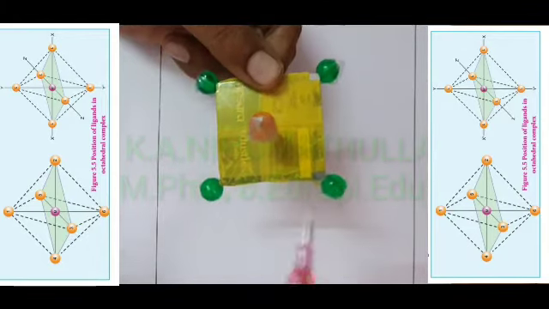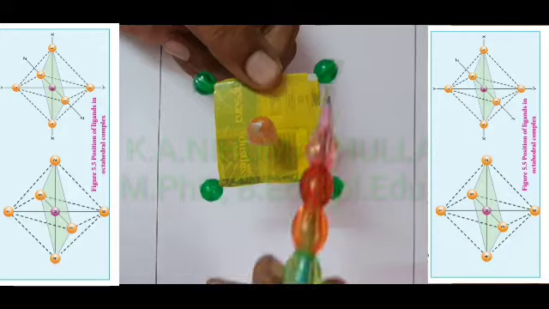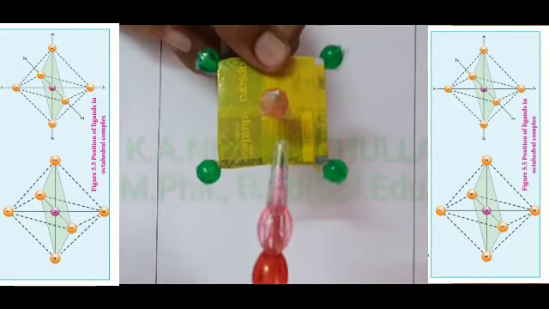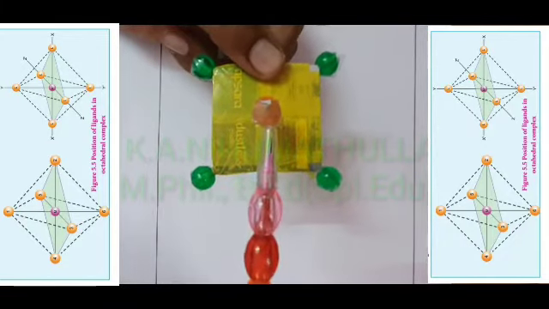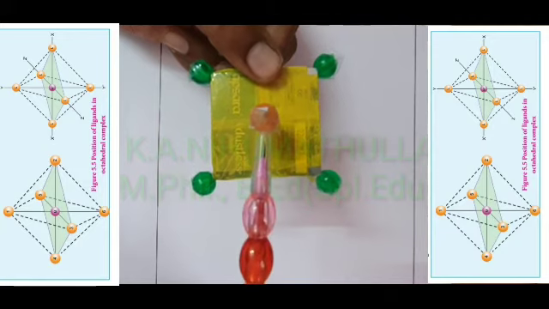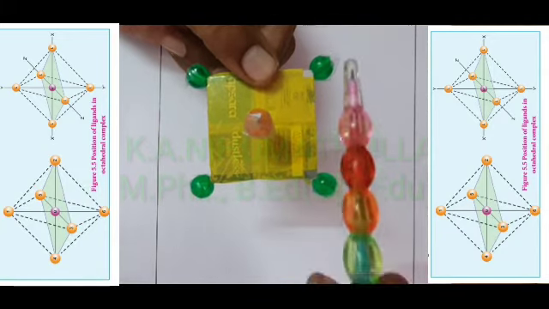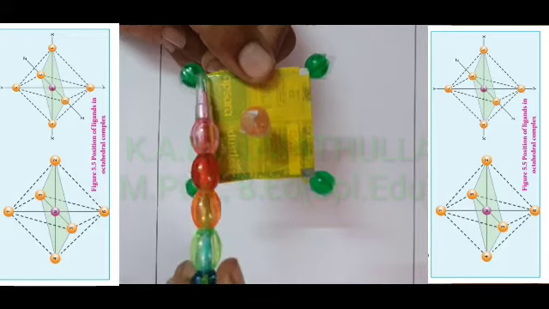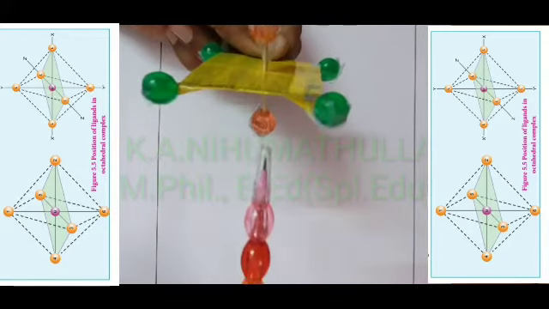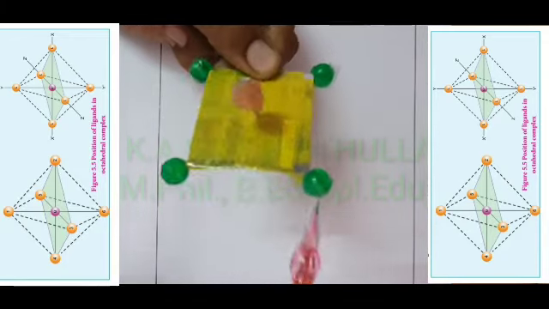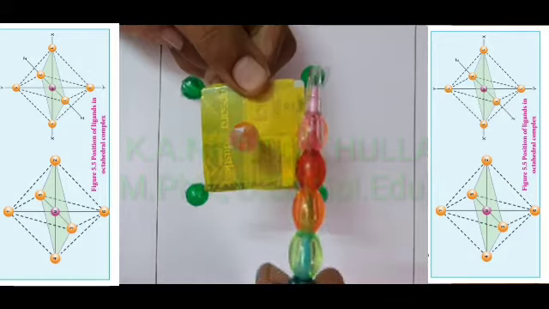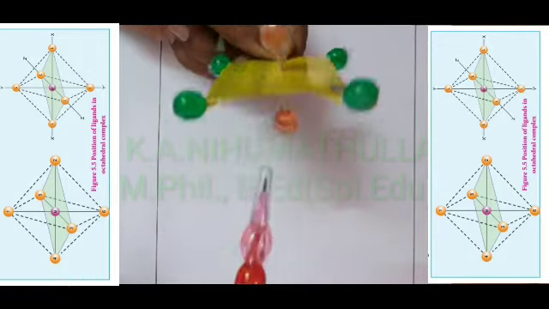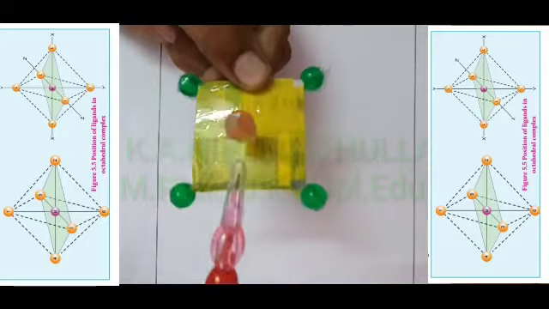These are the ligands present in the corners of the square planar. This ligand is considered number 1, the first position. Then 2, 3, 4, 5, and below the plane you have the 6th position.